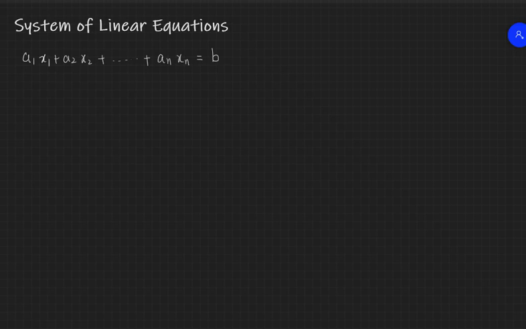If we have more than one equation with the same set of variables, then the set of equations is known as a system of linear equations.